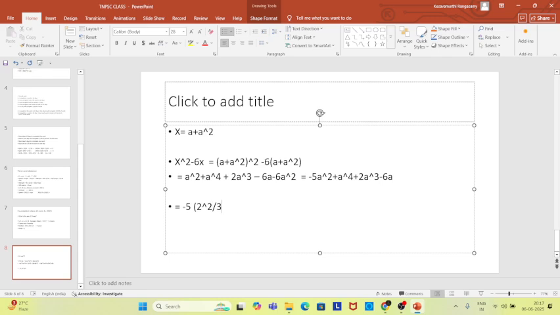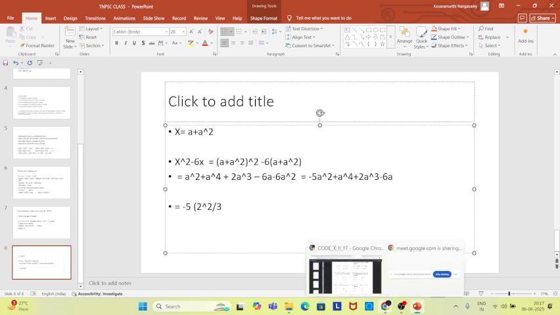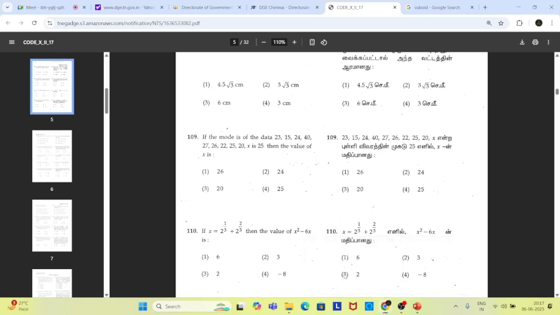I think we need to find something else, not this way. Let's look at the question whether any other way is there. My approach, sir, is by adding the powers. No, if it is multiplication you can add the powers, but it's not multiplication, it's an addition.